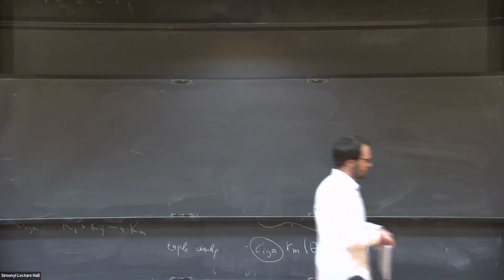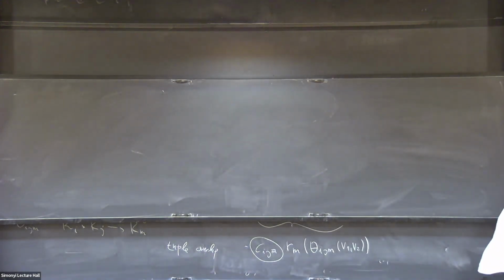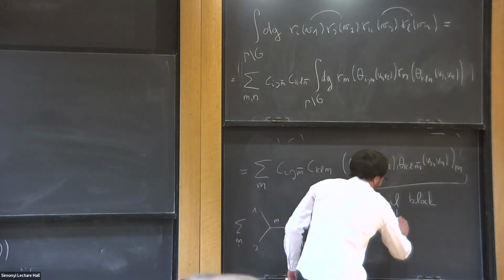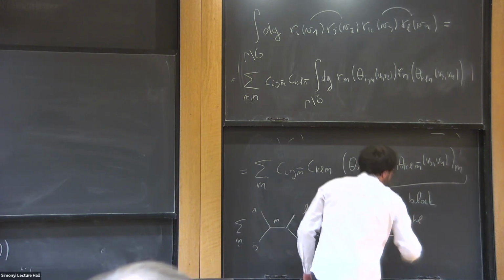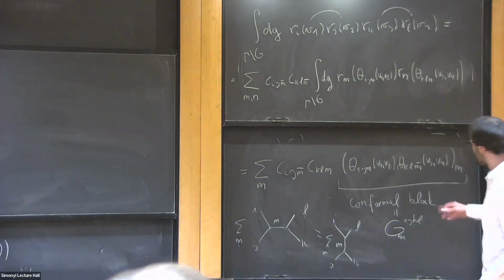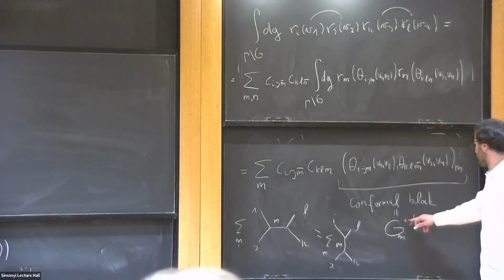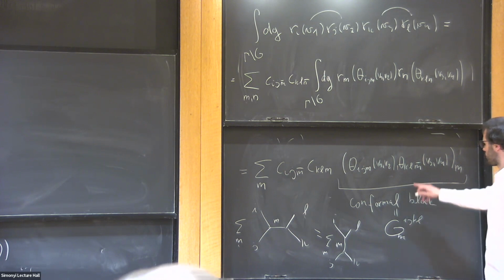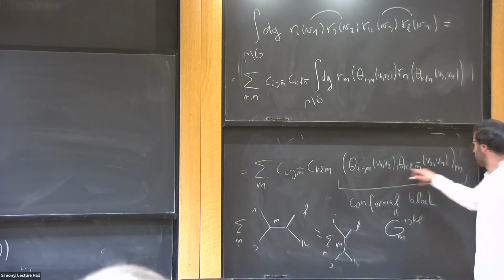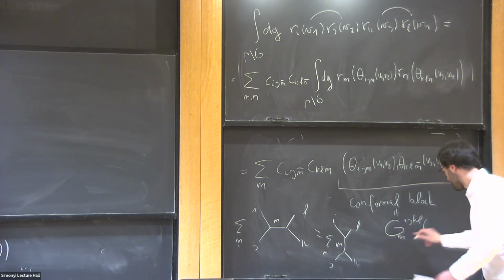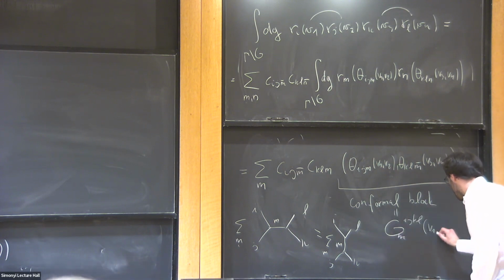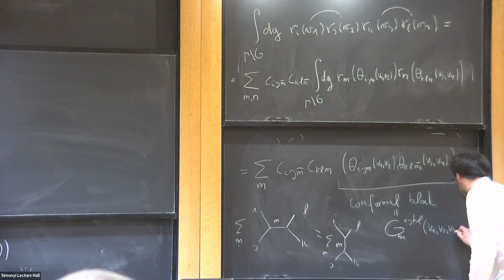You're just getting a family of identities by doing this? Yeah, you get a huge family of identities labeled by the choice of four irreps I, J, K, and L, and a choice of four vectors V1, V2, V3, V4 inside of these irreps.